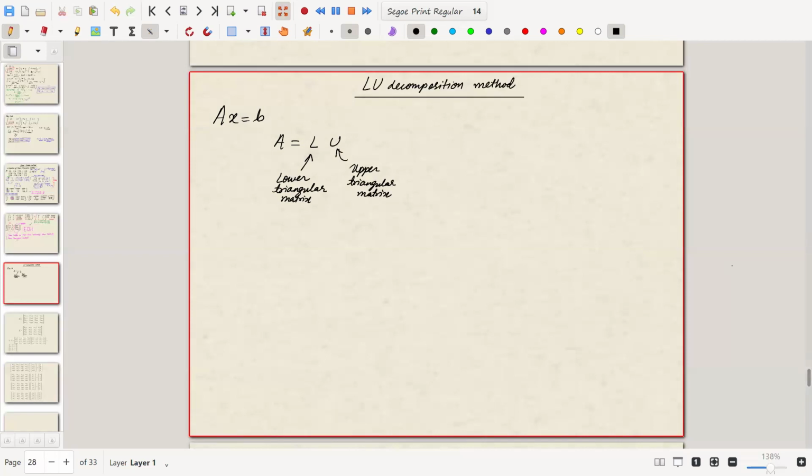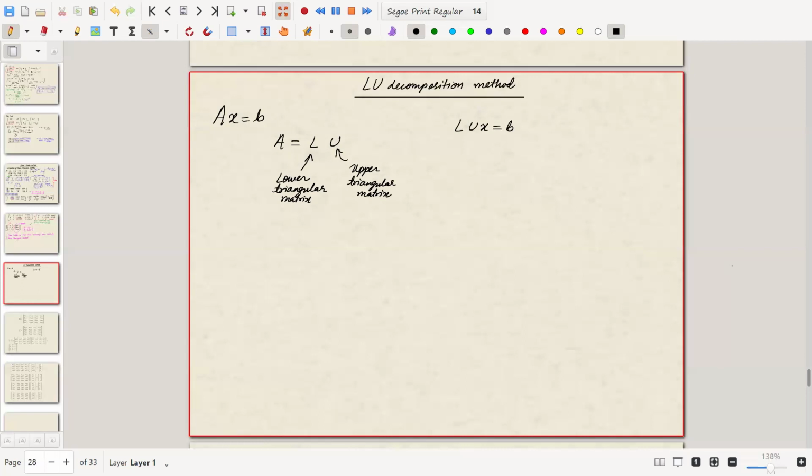Suppose you have decomposed your matrix A into this, A equals LU. Then what happens? You see that LUX equals B. I just substituted A equal to LU.